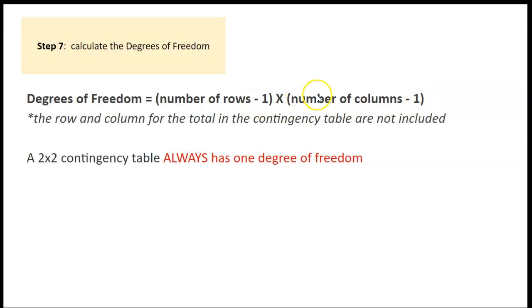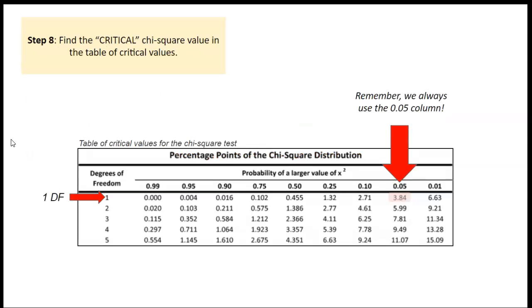So you do 1 times 1 is 1. So this type of table is always going to have 1 degree of freedom. Okay? So you will be given this table. You will never, ever, ever have to memorize that. Now, that would be wild. That would be crazy.